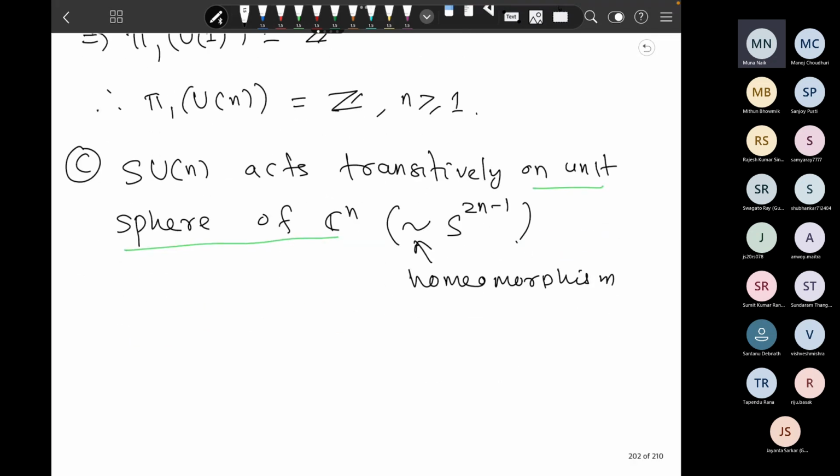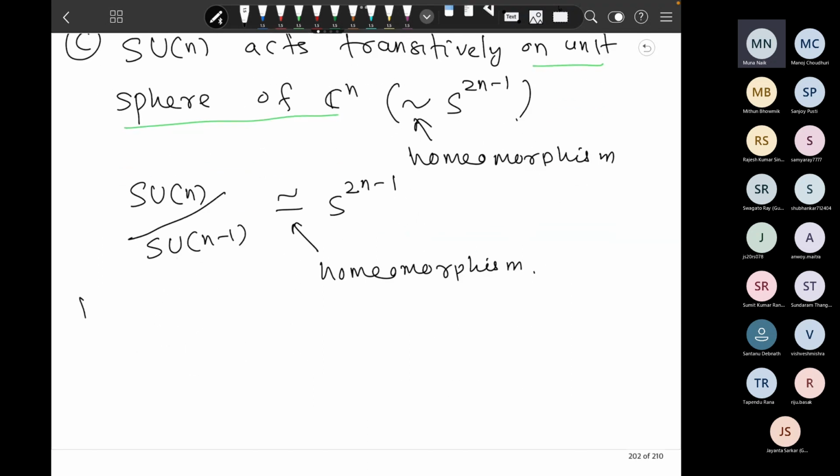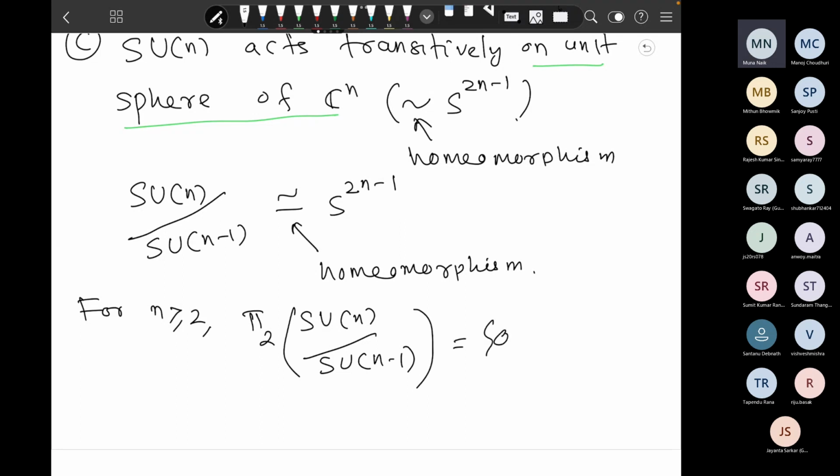So this implies SU(n)/SU(n-1) is homeomorphic to S^(2n-1). And for n greater than or equal to 2, this 2n-1 is greater than or equal to 3. So that means pi_2 of SU(n)/SU(n-1) is really pi_2 of S^(2n-1), and that is 0. Same thing for pi_1 of SU(n)/SU(n-1).